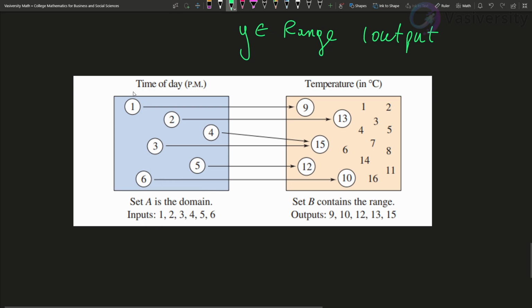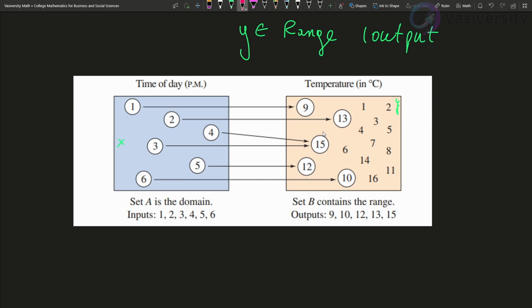The time of the day, that's our x. The temperature is going to be our y. Here we can say that A is our domain. These are our inputs, and we have inputs 1, 2, 3, 4, 5, 6 p.m. And our outputs are essentially 9, 10, 12, 13, 15.